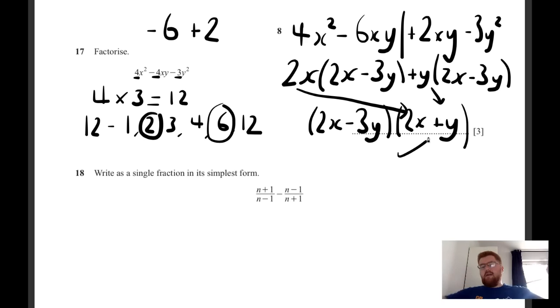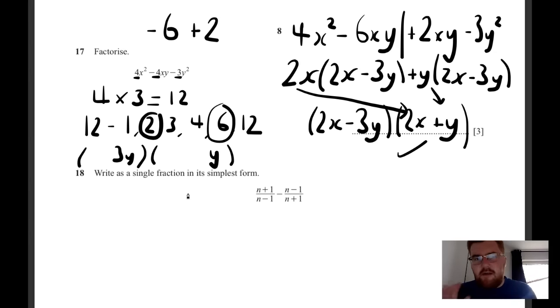The alternative method, let's see if I can just fit it in down here, is what I would also, the way I tend to approach it, is I'd set up my double brackets. I know to get -3y squared that we need to have a y in one bracket and a 3y in the other bracket. It's not entirely clear where the plus or minus goes, but we know one's plus and one's minus. We just don't know which way round.